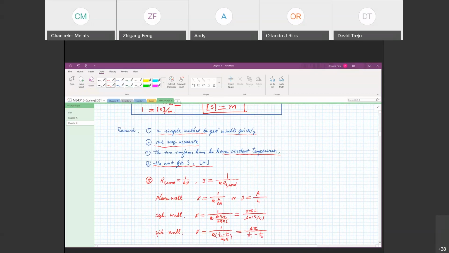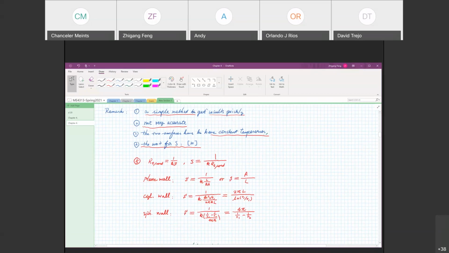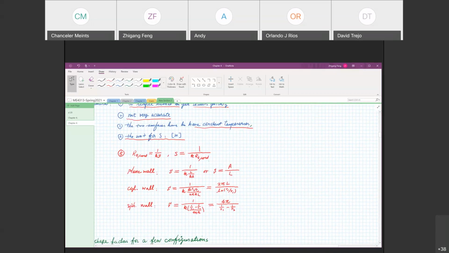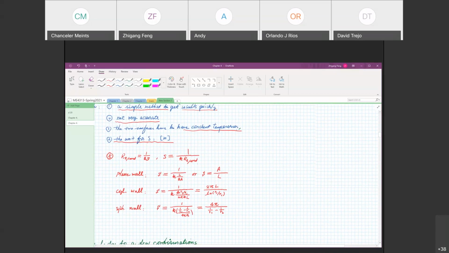And actually, we already can derive the shape factor for some very special configurations.